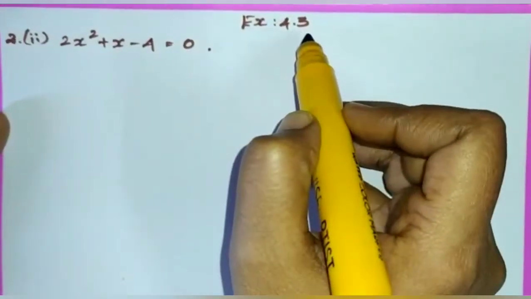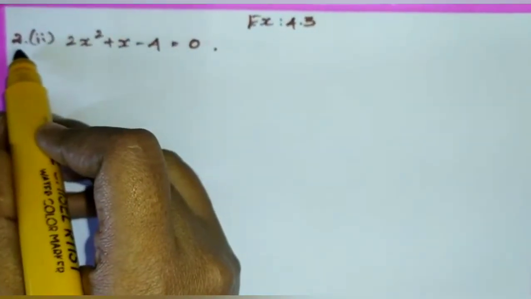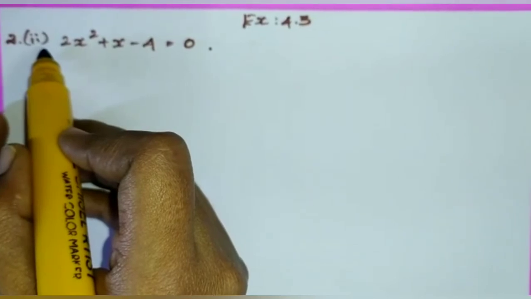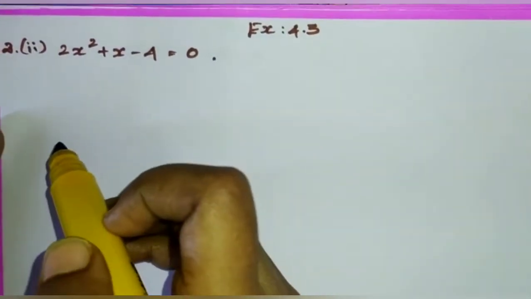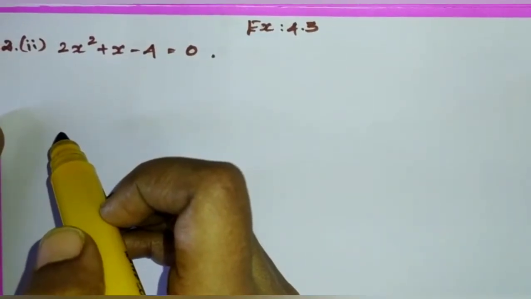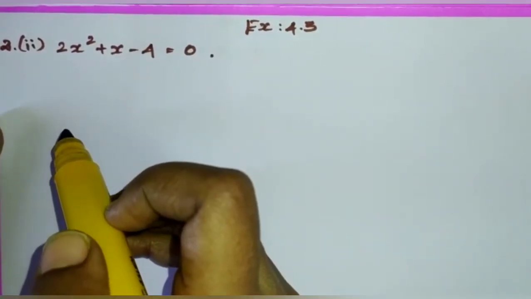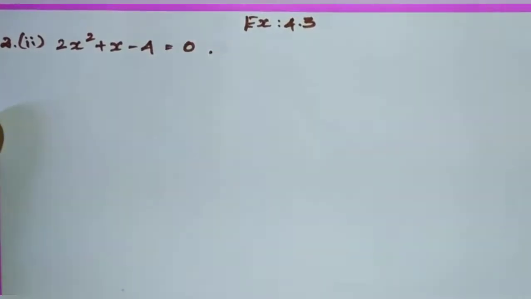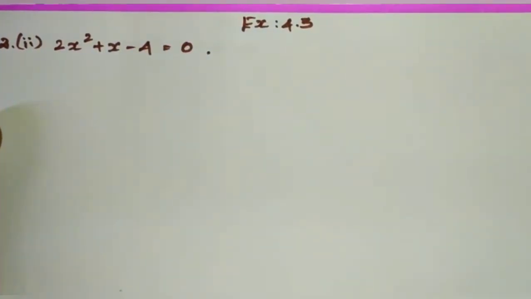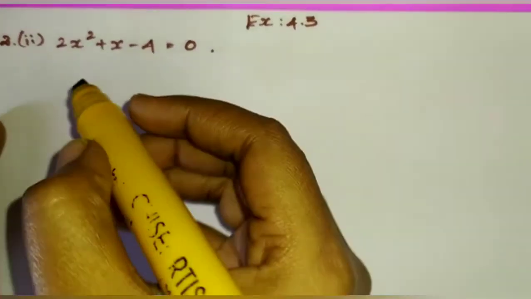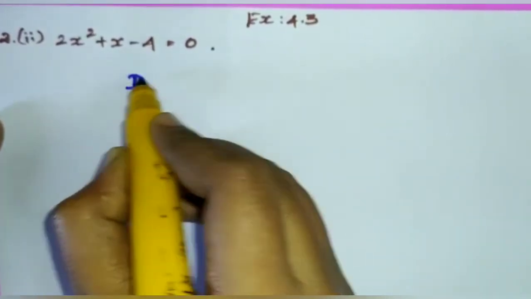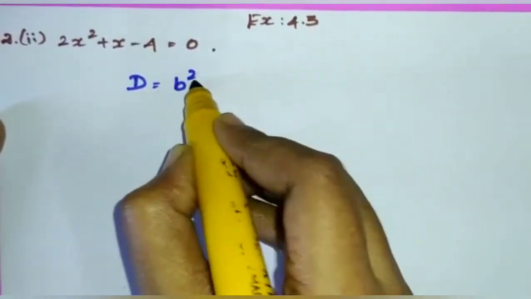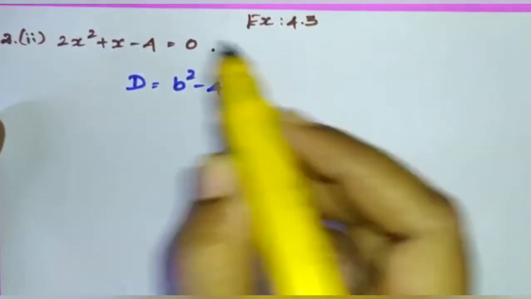Next, exercise 4.3, second, in that the second subdivision problem. So first we have to find the discriminant. Then you have to apply it in the quadratic equation formula. Okay, the discriminant formula is D is equal to b square minus 4ac.